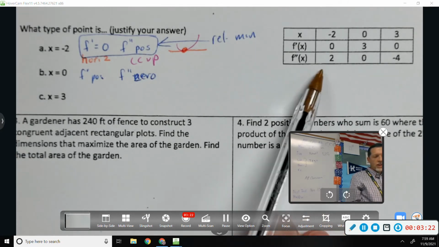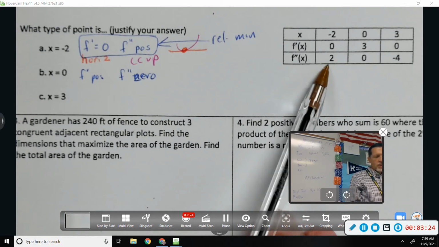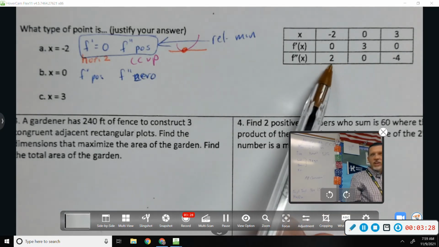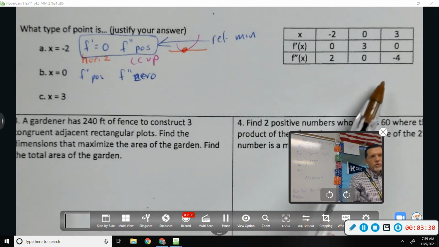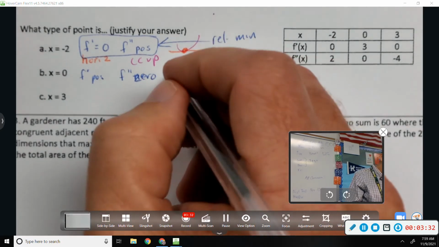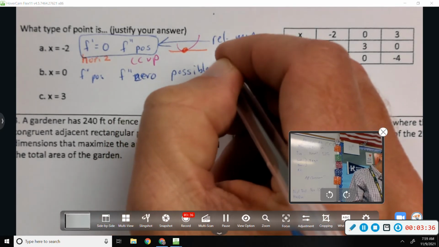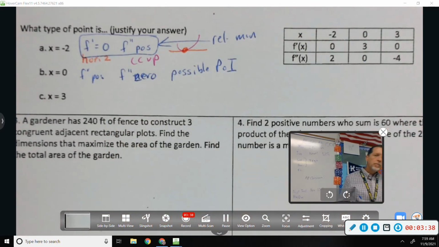I mean, over here at -2, second derivative is positive, and over here at 3, second derivative is negative, but it might change 100 times between those two spots. So I think the only answer is it's a possible point of inflection, because I don't know what's happening just left of 0 and just right of 0.